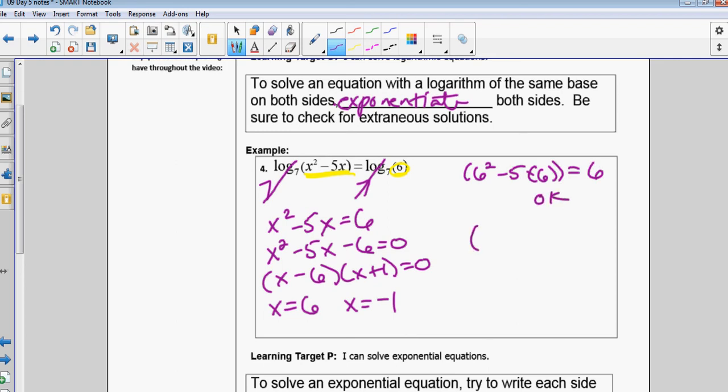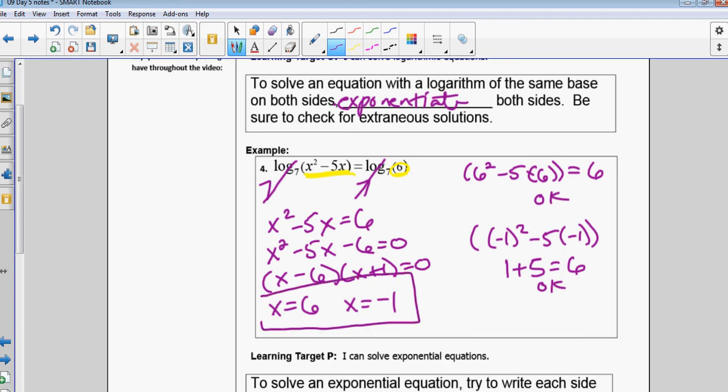And then I'll do the square of negative 1 minus 5 times negative 1. And that's going to give me 1 plus 5. And that's also 6, so that's also okay. So both answers work this time. I'll put a box around both of them. But if either of those made what was inside the parentheses negative, I would cancel that one out as an extraneous solution.